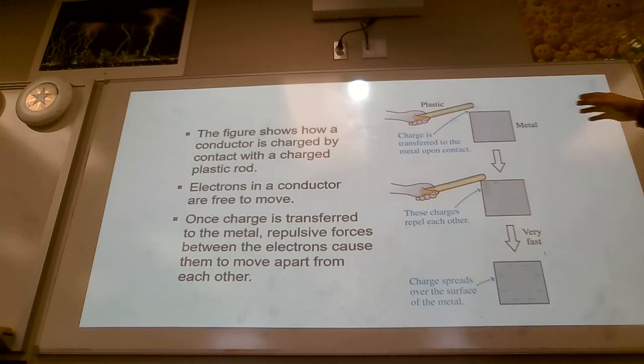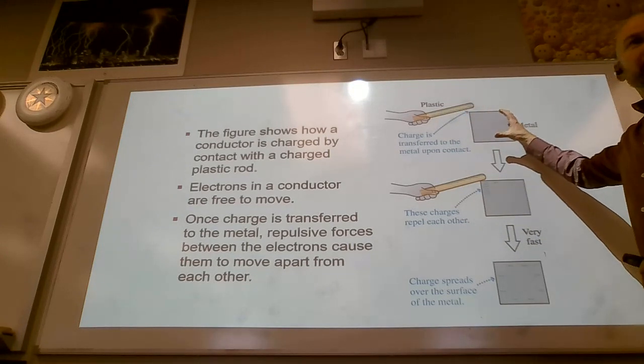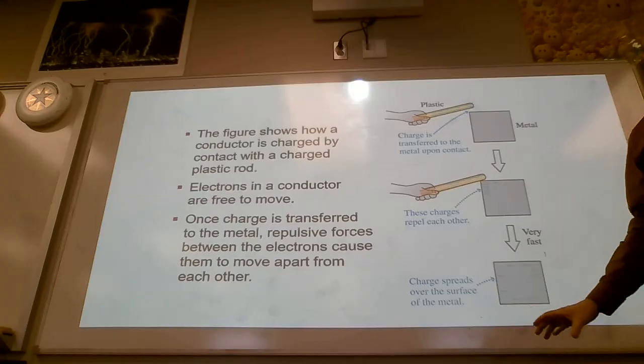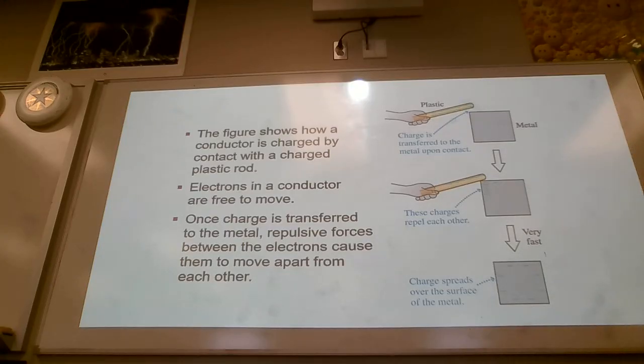So if you had a negative rod touching your neutral peanut, the peanut becomes negative as well. The rod, we're going to say, still is negatively charged. It's just not as negatively charged. Good with that?